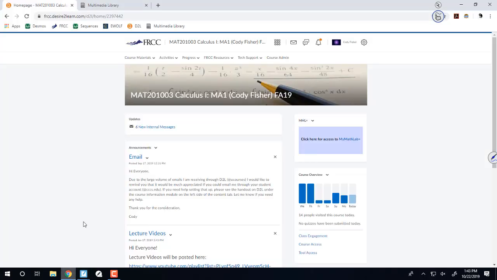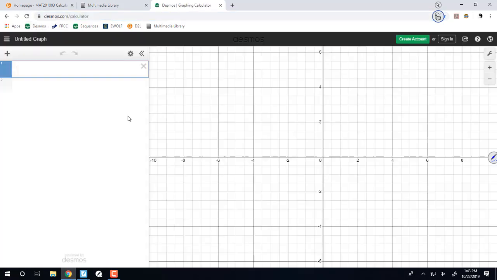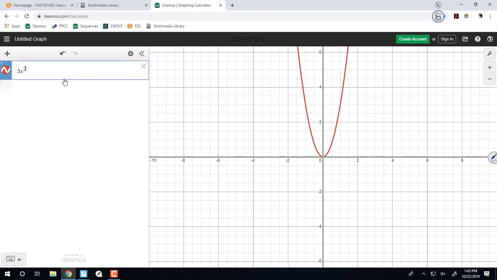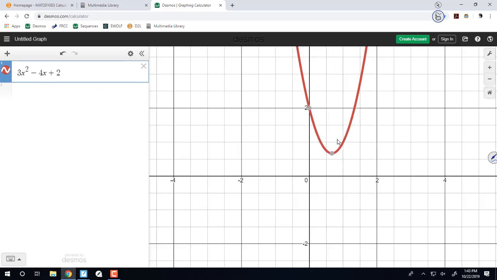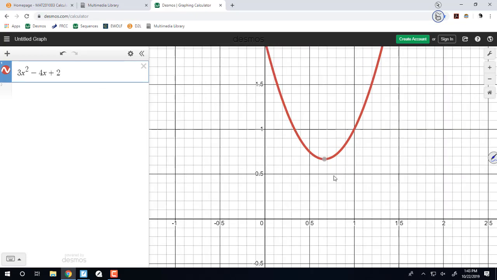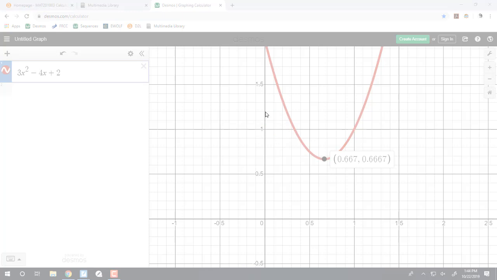But I'll go ahead and graph this one just so we can see for the upcoming section. So there's our x equals 2/3.